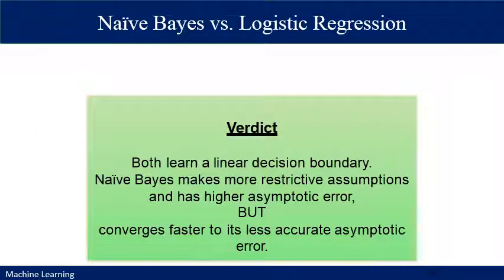So here is the final verdict about naive Bayes and logistic regression. Both of the methods learn a linear decision boundary. Naive Bayes makes more restrictive assumptions and has a higher asymptotic error, but it converges faster to its less accurate asymptotic error.